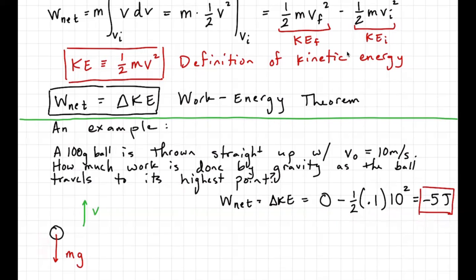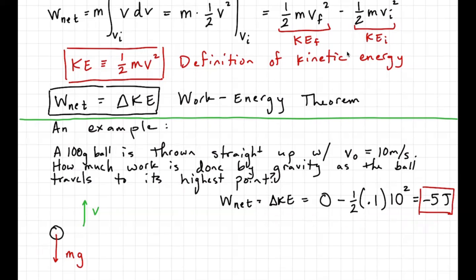That means kinetic energy is being taken out of the system by gravity. Later, in a few days, we'll conceptualize that as kinetic energy being traded for gravitational potential energy. So it's not exactly that we're losing energy, we're turning kinetic energy into gravitational potential energy.